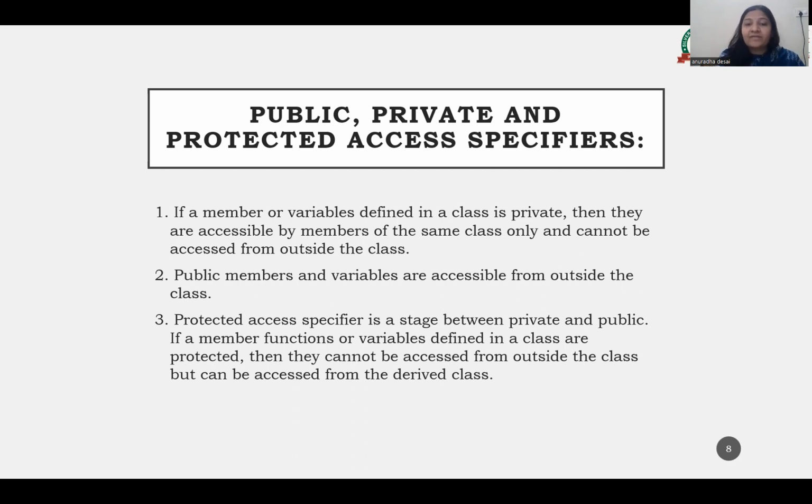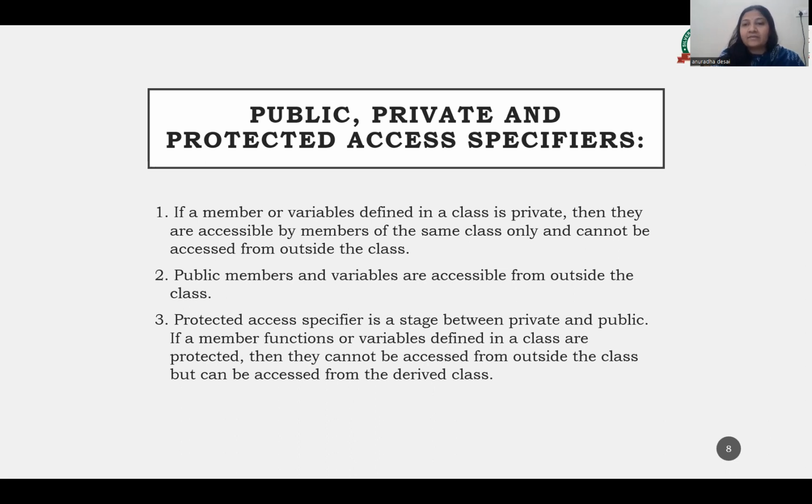Now, public members and variables are accessible from outside of the class. When it is defined public, anyone can access it from outside the class. And the third is the protected access specifier, which is a stage between private and public. If a member function or a variable defined in a class is protected, then it cannot be accessed from outside the class, but can be accessed from the derived class.